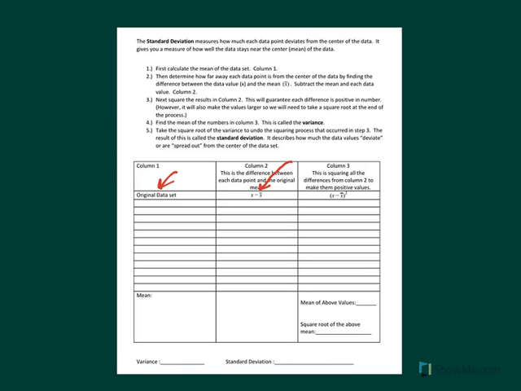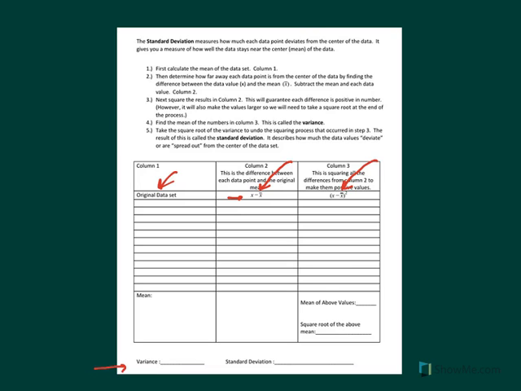So to make sure everything is positive, what you're going to do is square all these differences that you find, which will force everything to be positive. And then if you find the mean of this new data set in column 3, that's going to be what they call the variance.